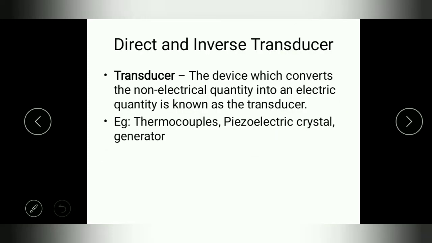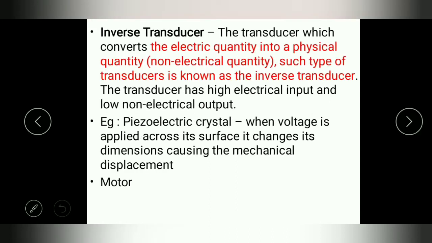Then the next classification is direct and inverse transducer. The device which converts a non-electrical quantity into an electrical quantity is known as a transducer, that we have already seen. Examples we also discussed: thermocouples, piezoelectric crystals, generator, etc. Direct transducer means that it will directly convert the physical quantity to be measured to an electrical signal.